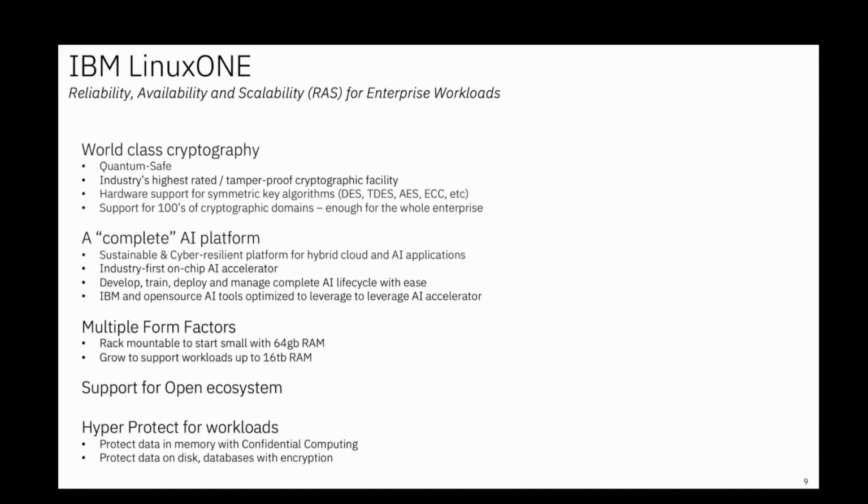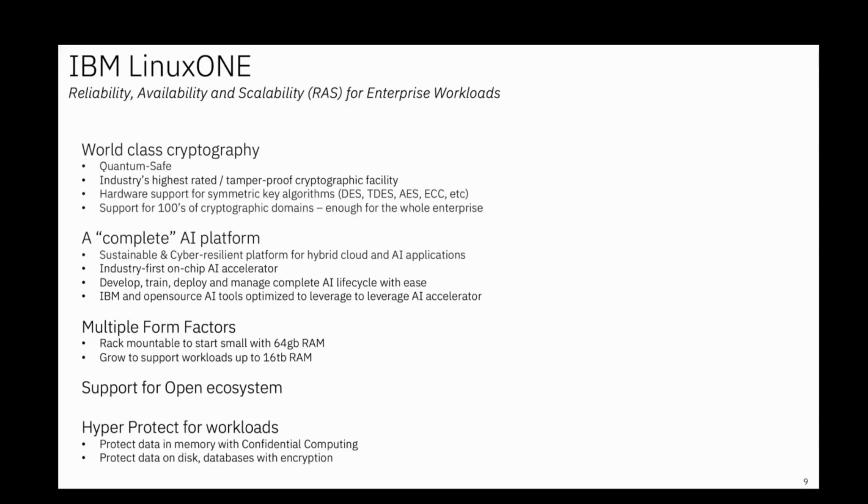Hardware support for symmetric algorithms like DES, triple DES, AES, and all that. And each crypto card on the LinuxONE, also called the Crypto Express card, can support hundreds of cryptographic domains. That is itself enough to serve all the encryption requirements for the whole enterprise.